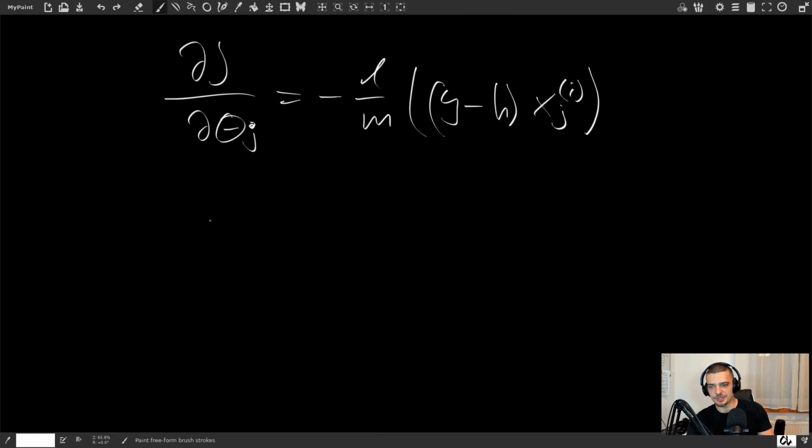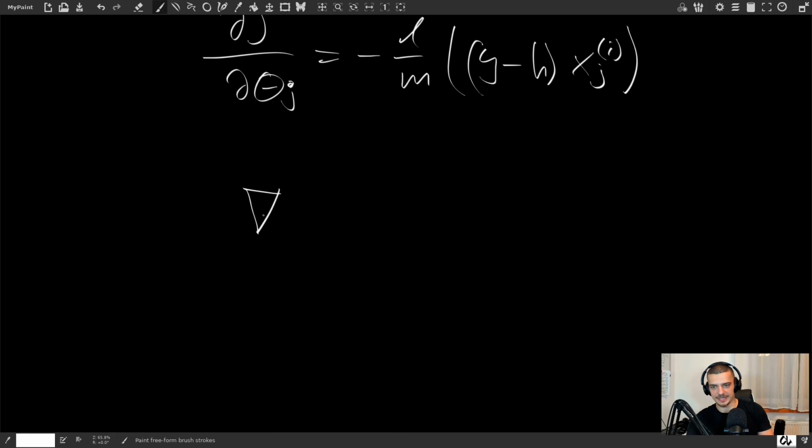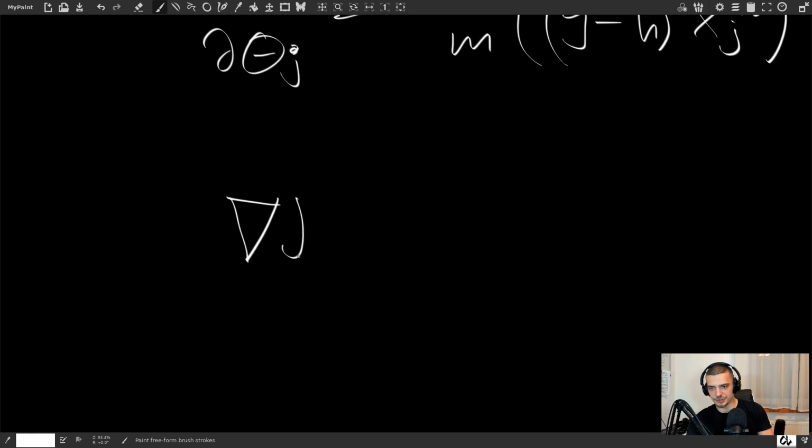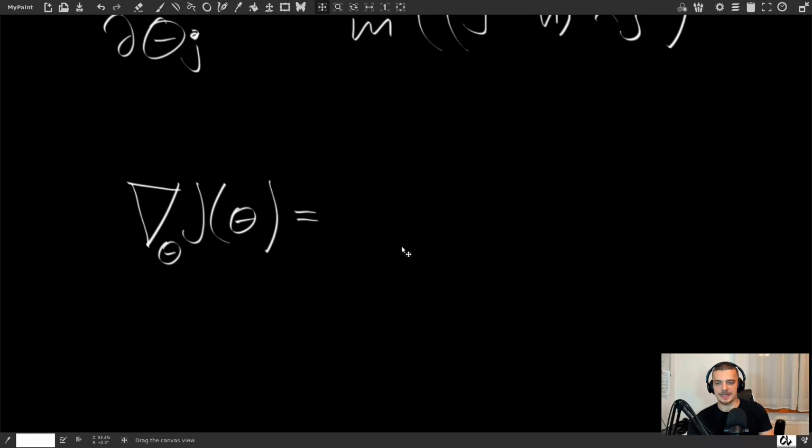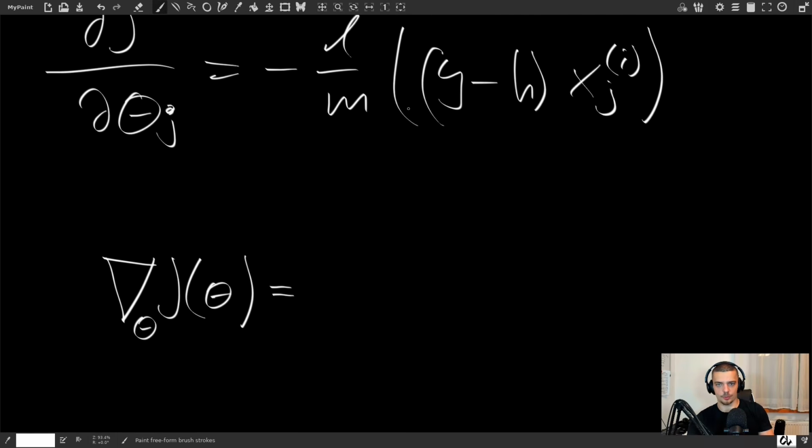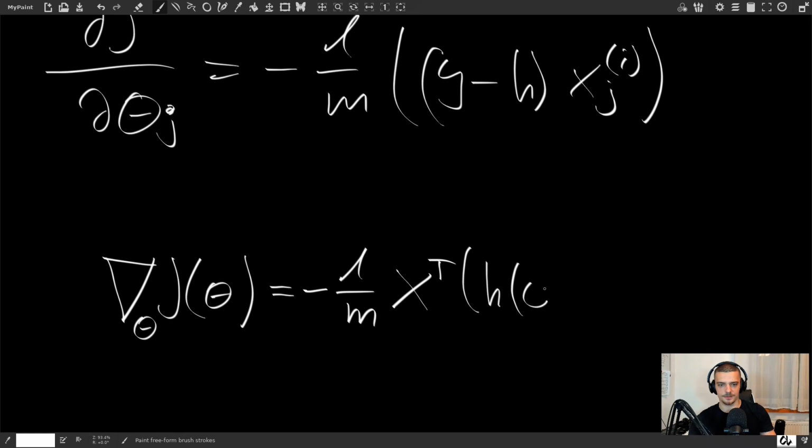What we actually want to use here is the gradient notation. So we are interested in the matrix form or the vector form of this gradient, which is gradient of j. So gradient theta j of theta is equal to, and now we can write this in matrix form or vector form. We can say negative 1 over m times x, now this is a large X transposed, times h of theta multiplied with x.